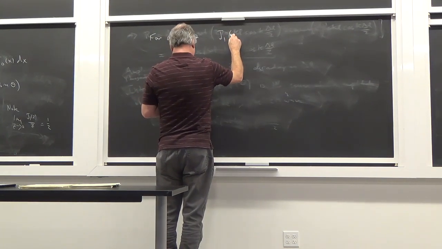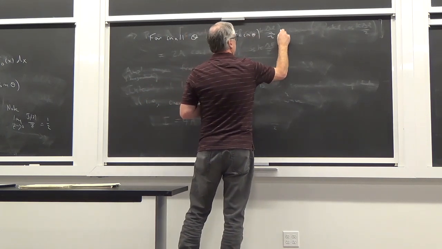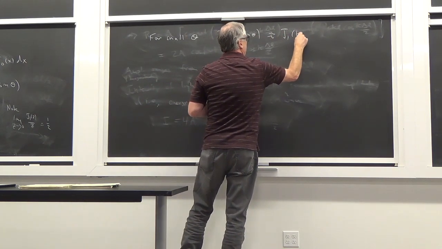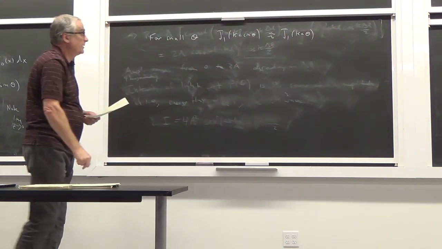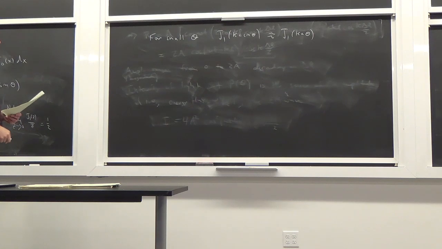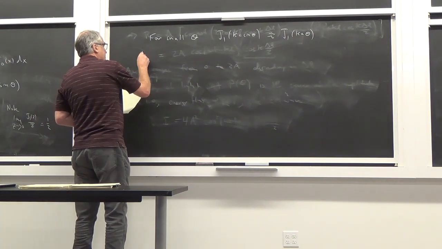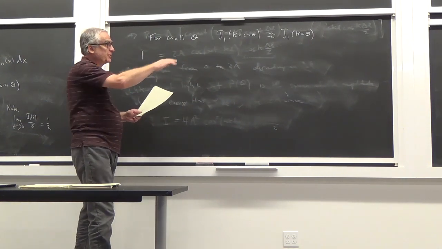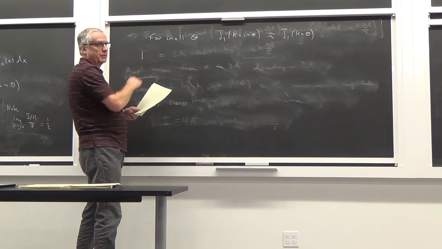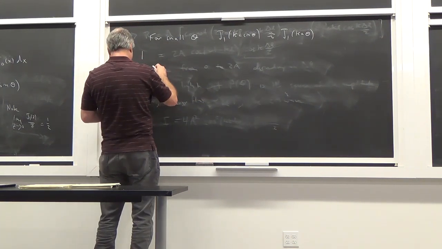J1 of ka sine theta is approximately J1 of ka theta, so the argument is just linear in theta. And then we can notice that J1 has zeros for particular values of theta, where it will go to 0, just like we had for the double slits.